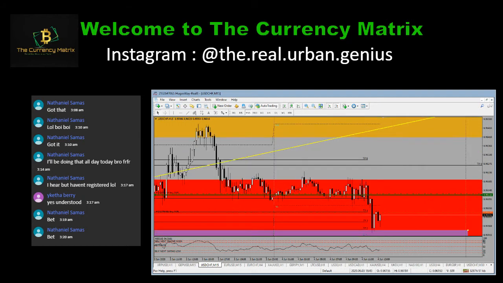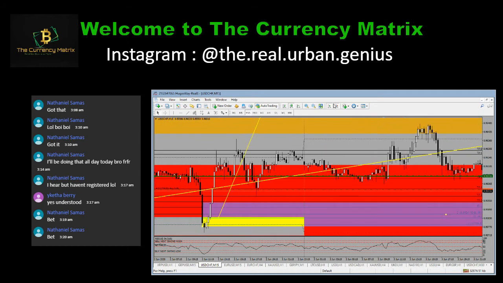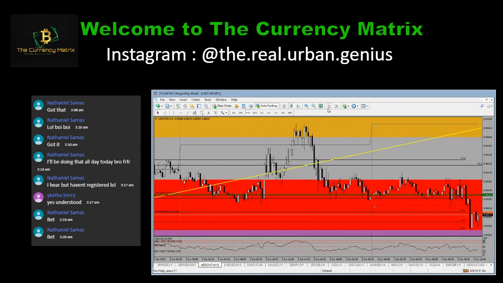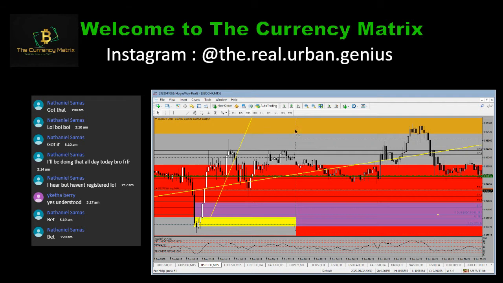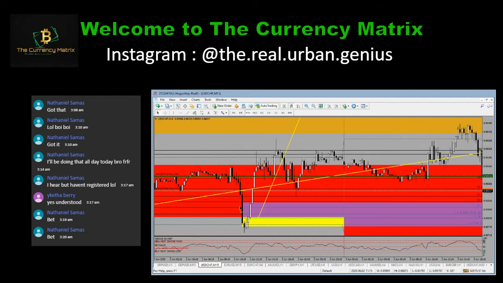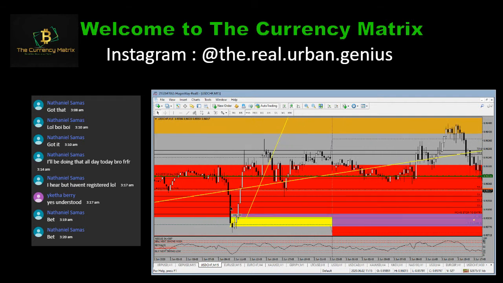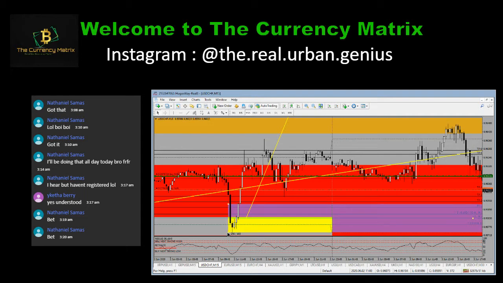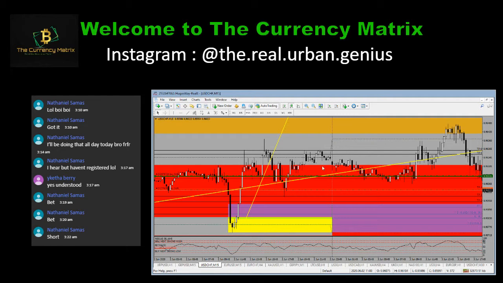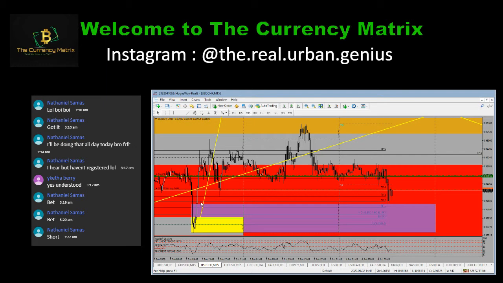Notice how I'm using structure right here to create that zone. Notice how I use structure over here to create that zone, finding an area of support.